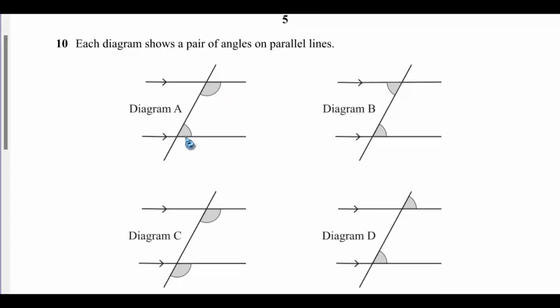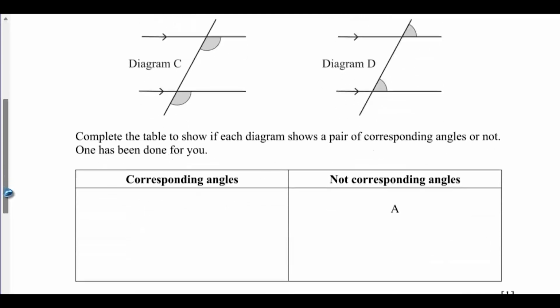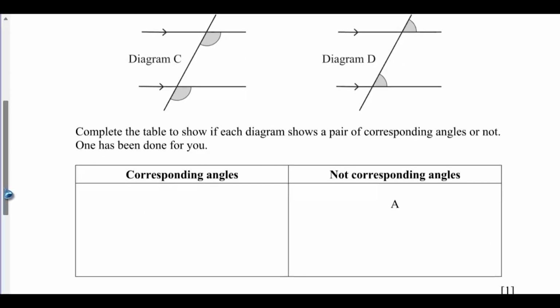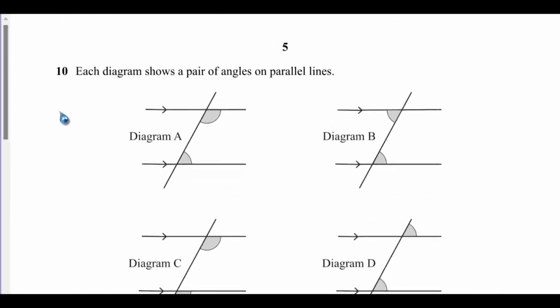Of course, this does not show corresponding angles, because corresponding angles are found in a letter F like this. So this will be a parallel line, this will be a parallel line. The corresponding angles will be here and here.